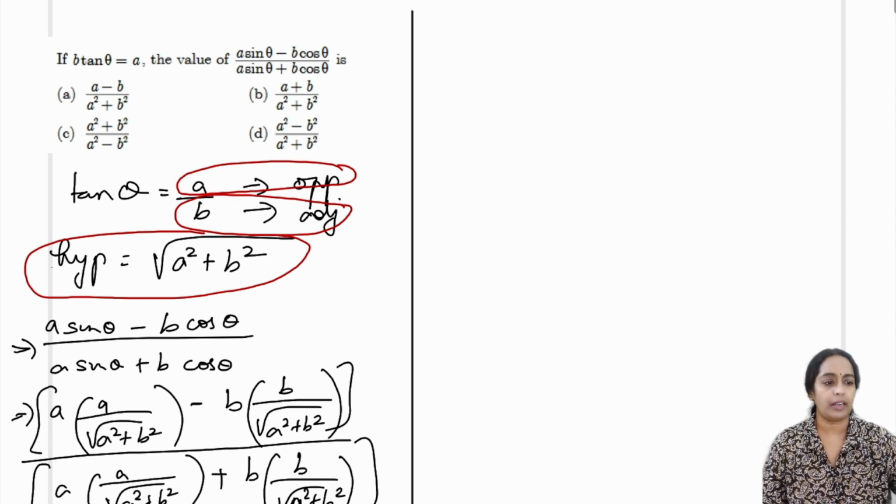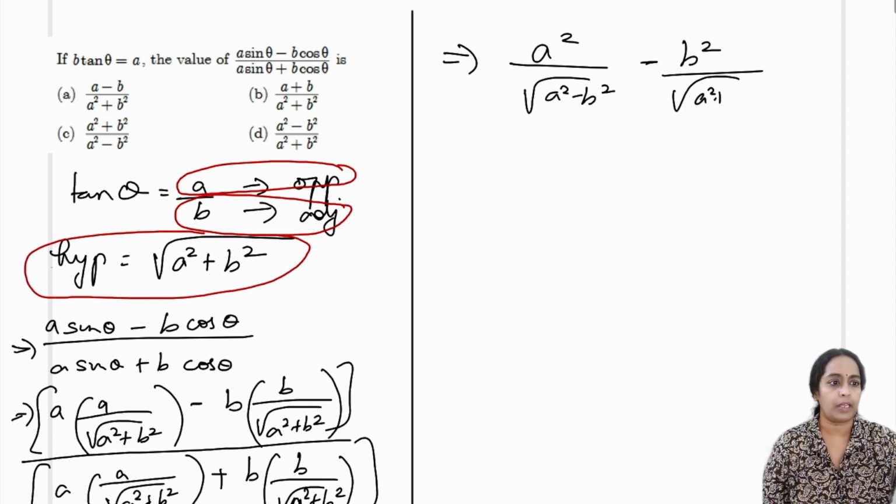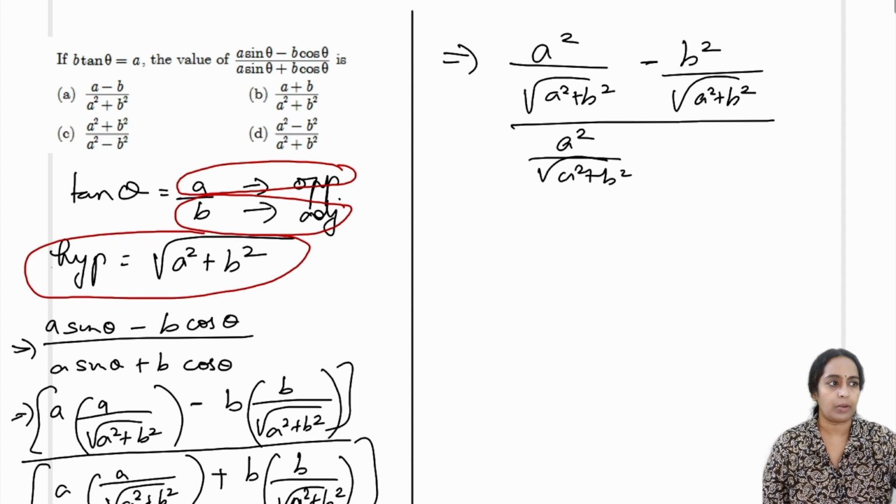So now what I have to do is take LCM and check. Where there is a numerator and a denominator, let me take LCM. When I take LCM for the numerator, I will have A square by square root of A square plus B square, minus B square by square root of A square plus B square, divided by A square by square root of A square plus B square.